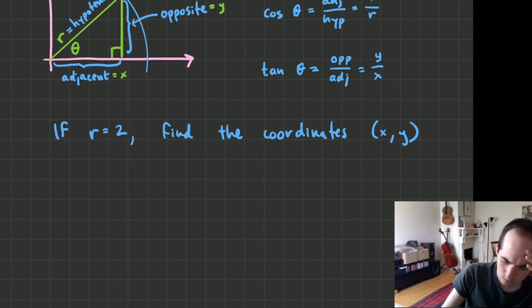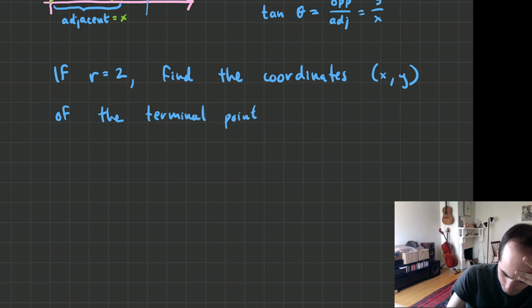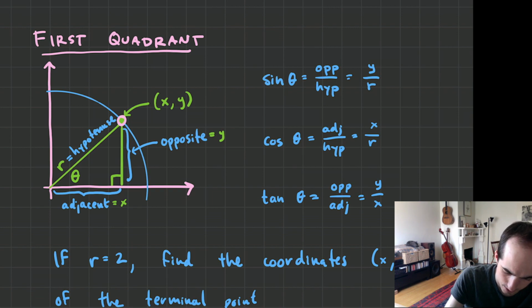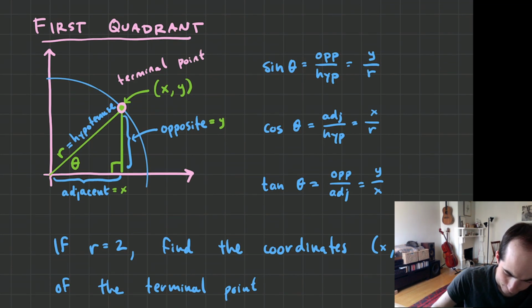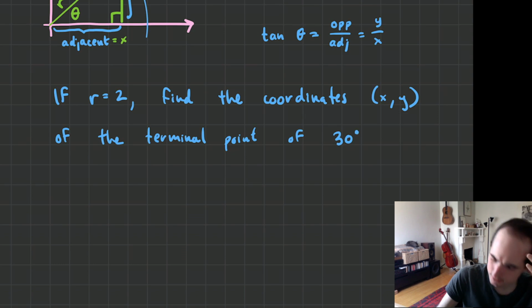Find the coordinates x, y of the terminal point, and by terminal point I'm talking about this thing, the terminal point of, let's say, 30 degrees.